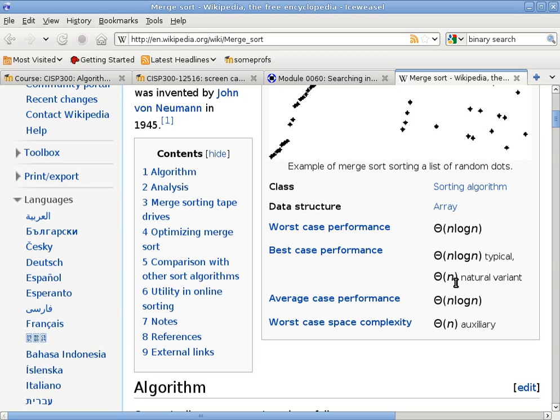In the equation, we don't write log base 2, we just write log, because it doesn't matter. The base of the log is only controlling a constant. It does not really change the shape of the curve.